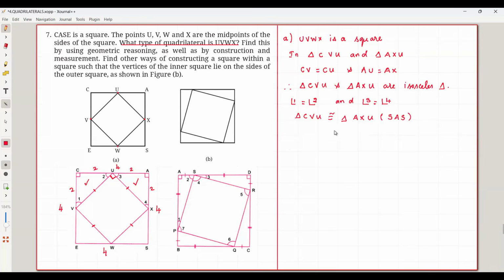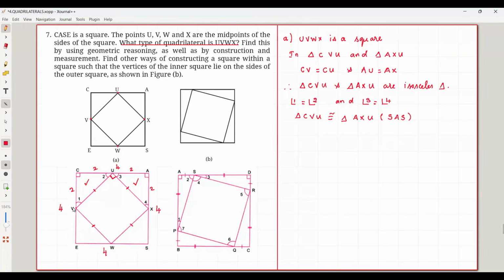If they are congruent, the sides will be equal and the angles will be equal. Angle C will be equal to angle A, angle V will be equal to angle X, and angle U will be equal to angle U.